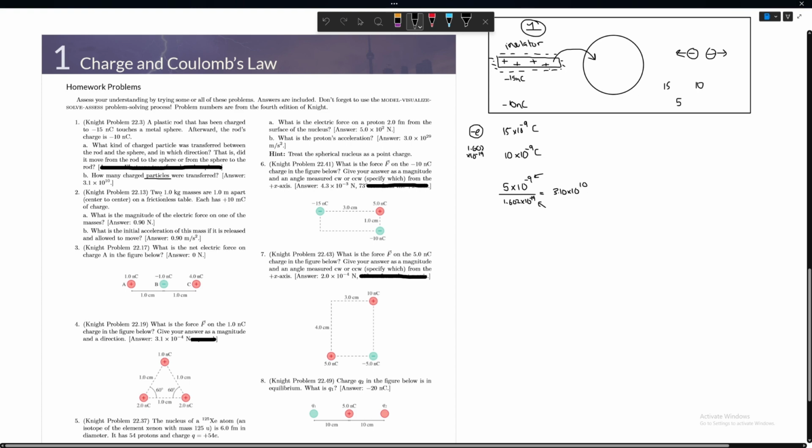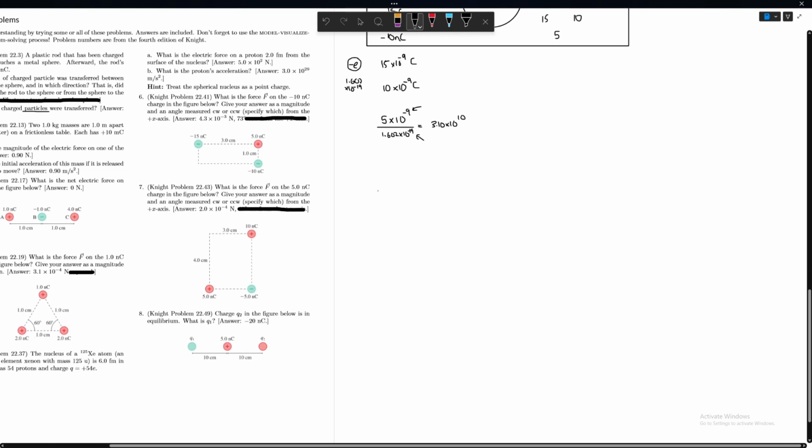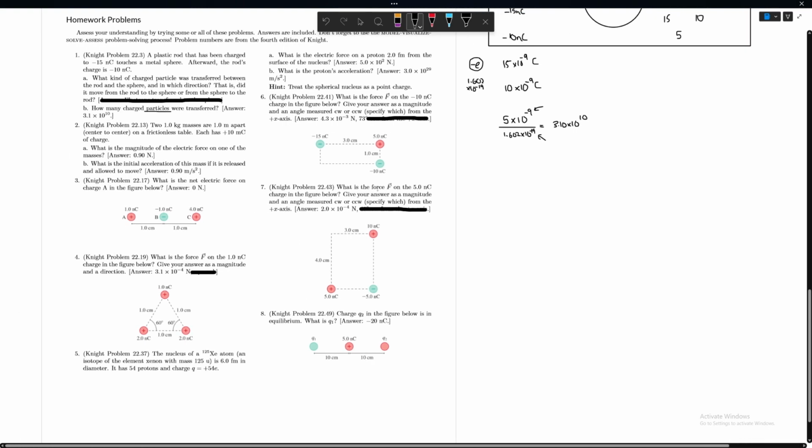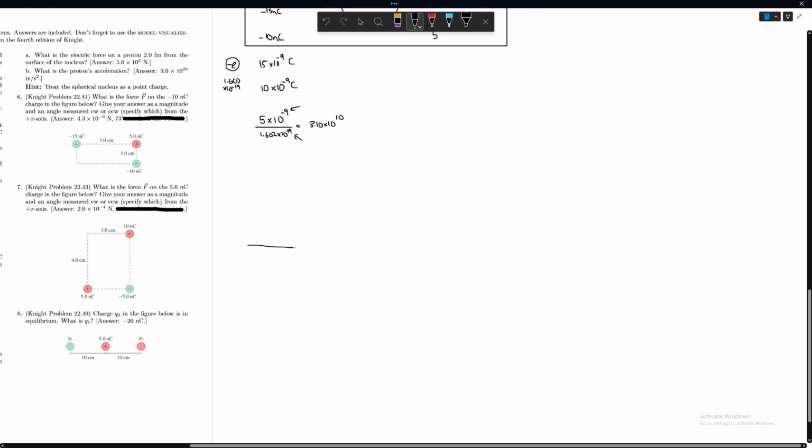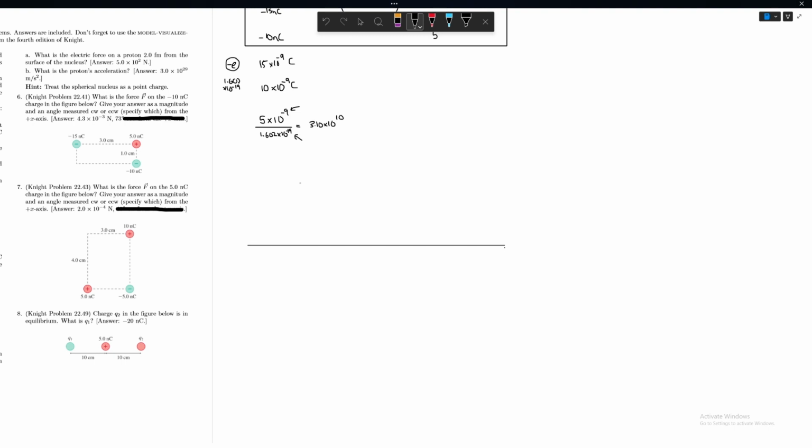So let's do this. Two 1 kilogram masses are some distance apart, center to center, on a frictionless table. So, frictionless table. That's our little table, and we have our first mass, and we have our second mass.